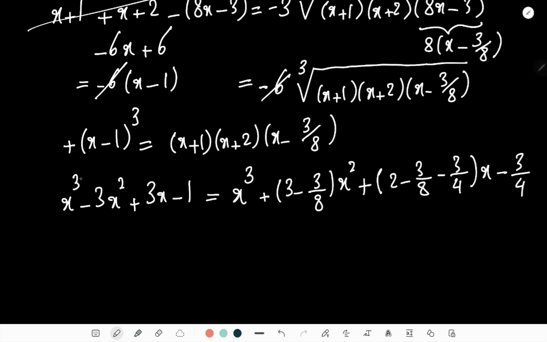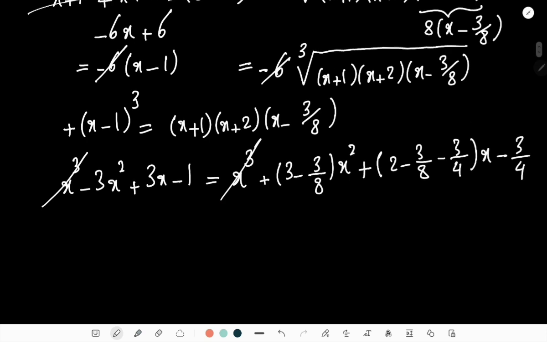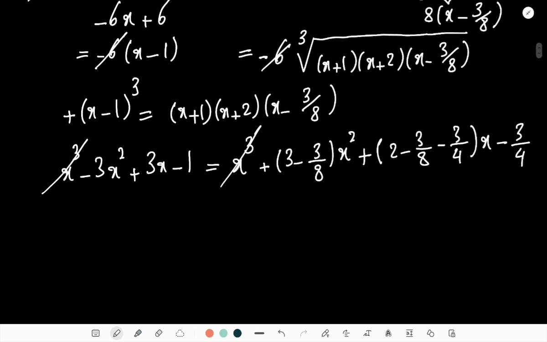So the good thing now is that because these minus 6's were cancelled out on both sides, it resulted in x^3 having the same coefficient on both sides, which means we don't have an equation of order 3 anymore. And this is simple to solve, right? So I can bring everything to the left side. Here I have 24 minus 3, which is 21 over 8.